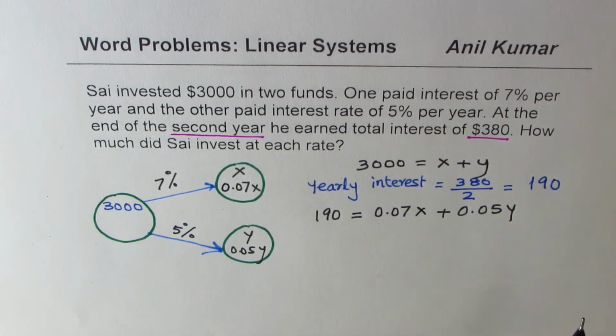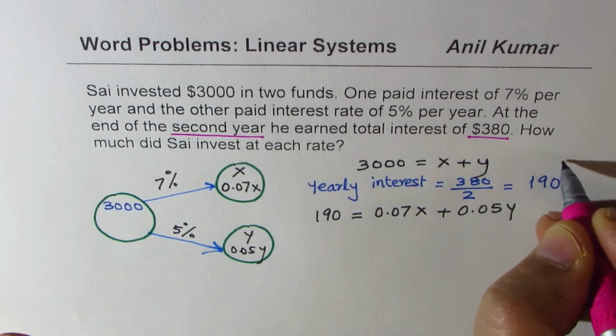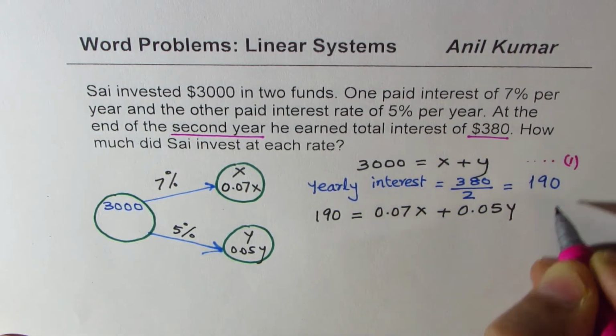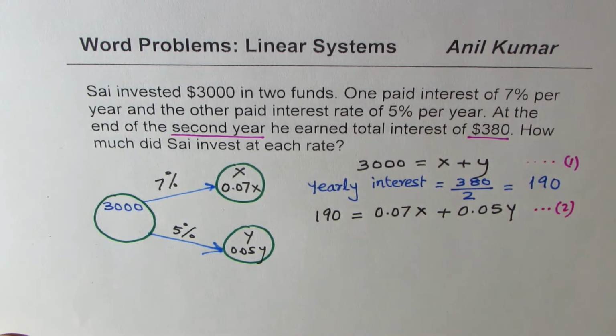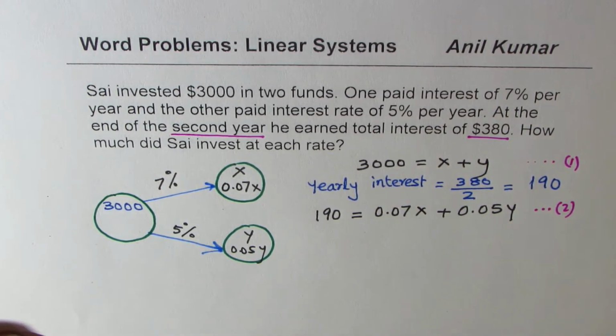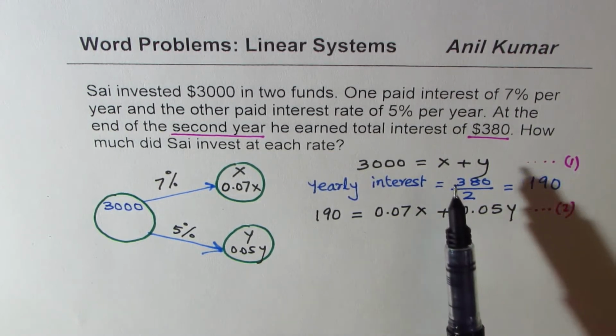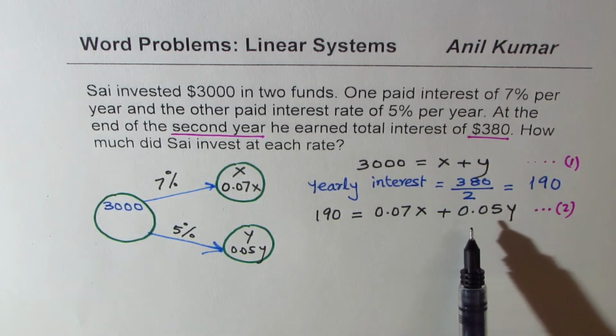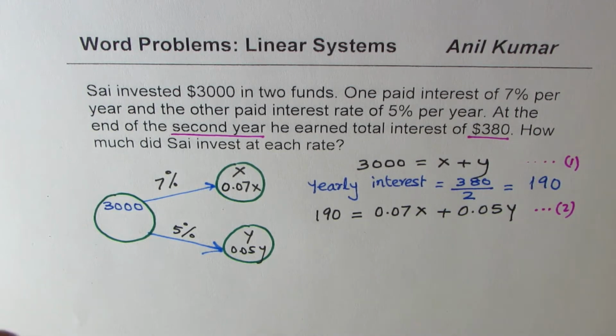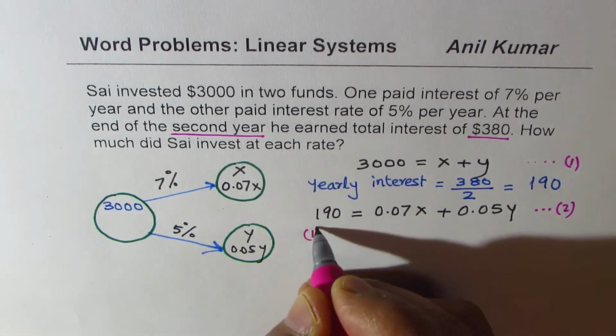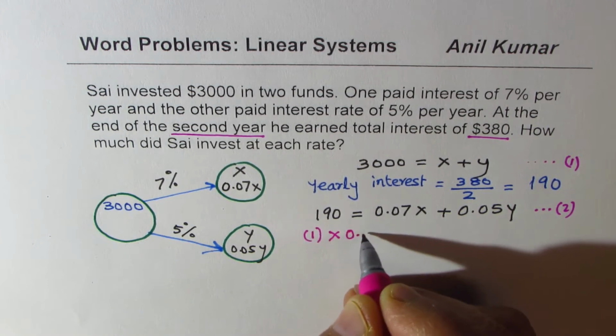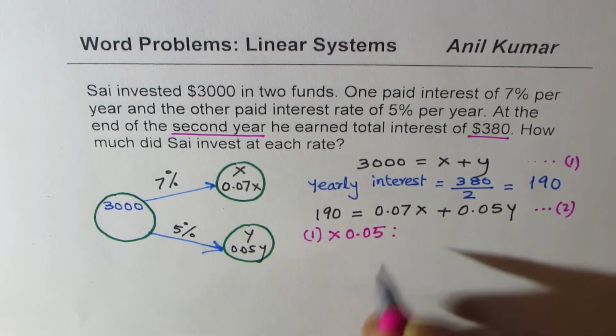Now, we need to solve these equations. We could do elimination or substitution. So let's number these equations as equation 1 and equation 2. To solve by substitution or elimination, what we can do is just multiply the first equation by, let's say, 0.05. So if I multiply the first equation by 0.05, what do I get?